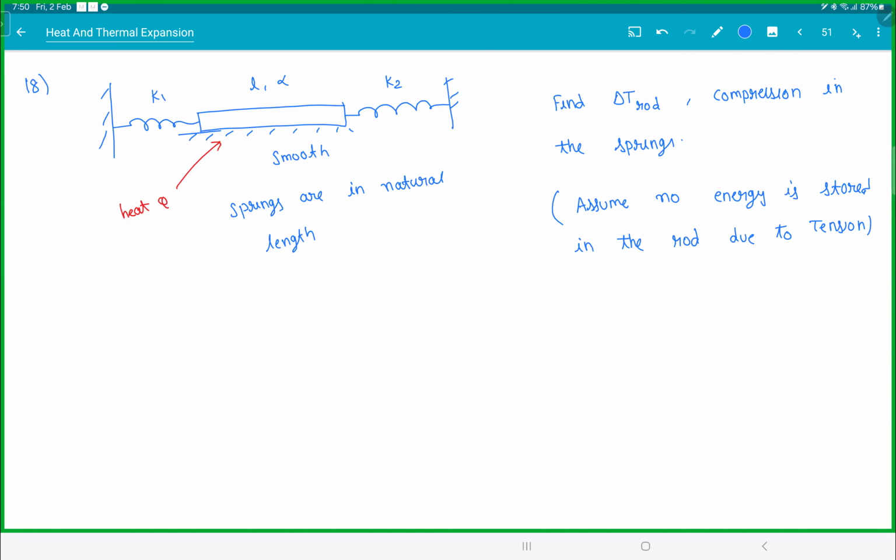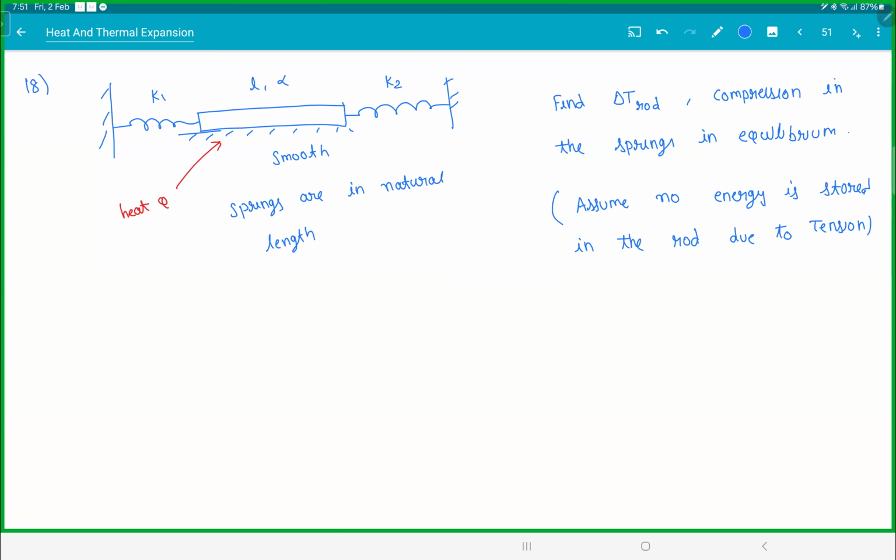After giving heat, the system comes to an equilibrium state. Find the compression in the springs and the change in temperature of the rod. Get me the equations. Solving all variables will be bad.